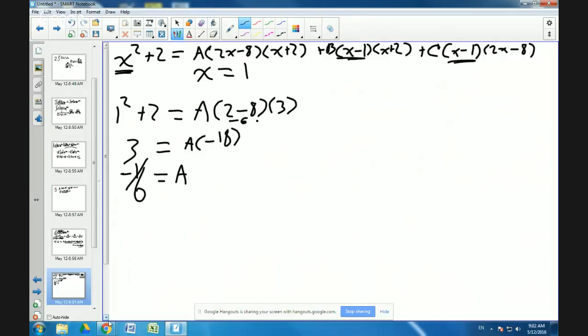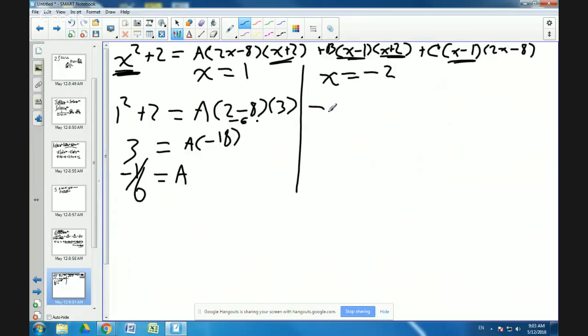So now we're going to plug in another x value in order to eliminate another set of terms, and this time we're going to use x equals negative 2, to effectively turn this to 0 and this to 0, so we are left with only c. And then again, do not forget to plug this back in over here.